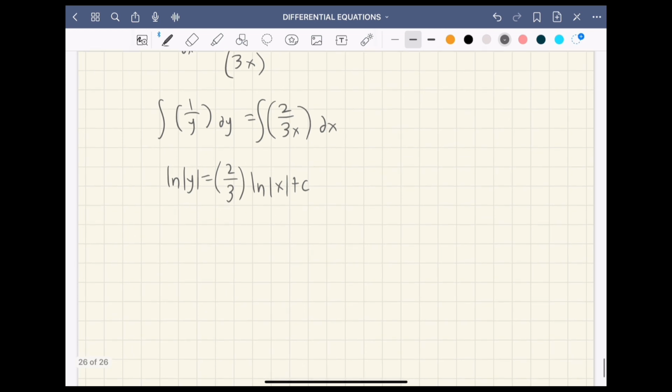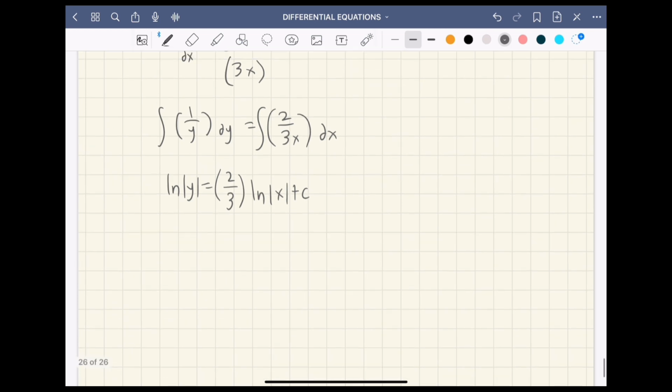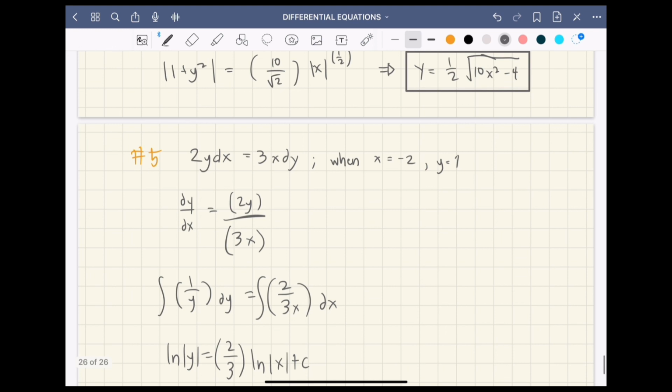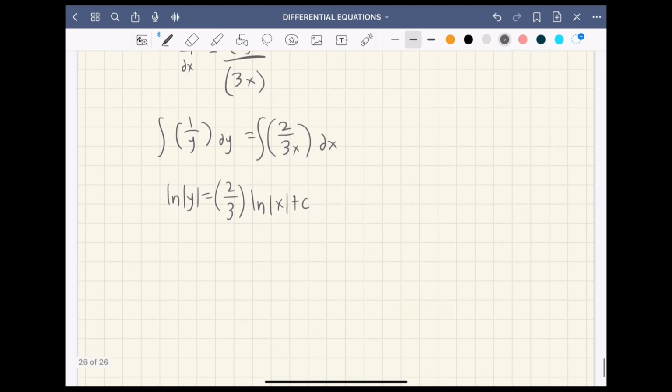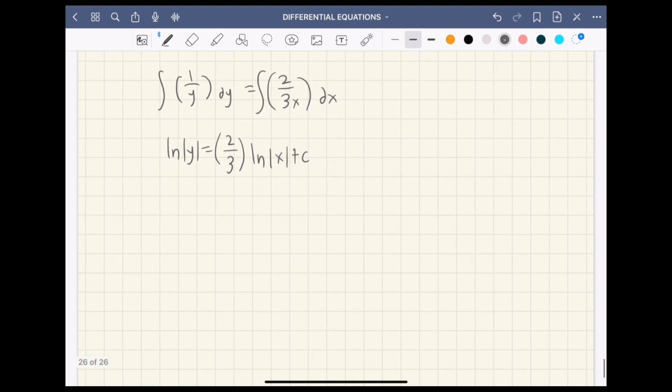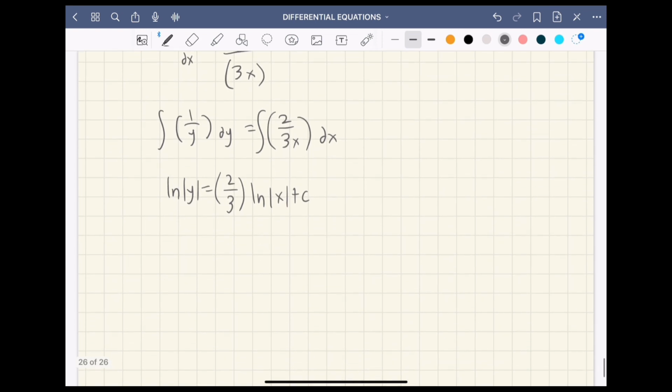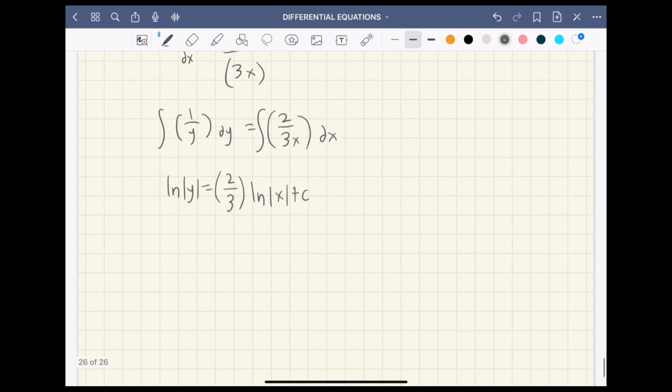To find the value of c, we can use the initial condition x equals negative 2 and y equals 1. So we substitute here: ln of y, which is 1, equals 2/3 ln of negative 2, since x equals negative 2, plus c.